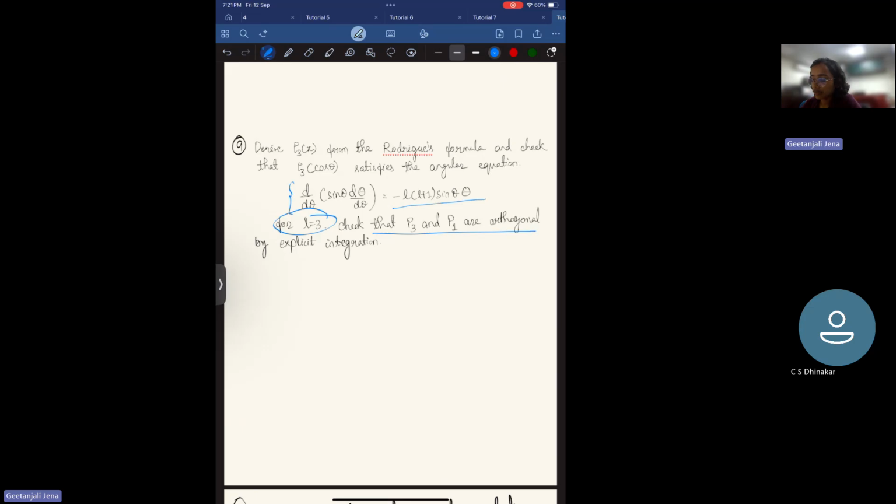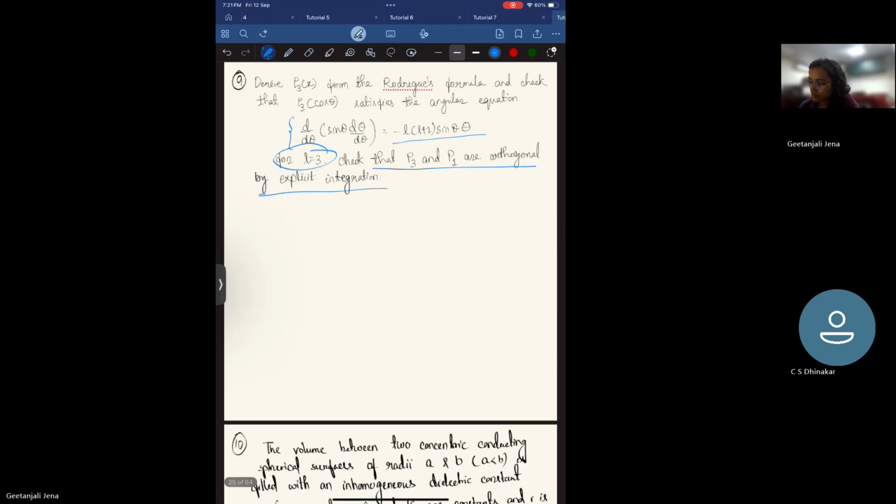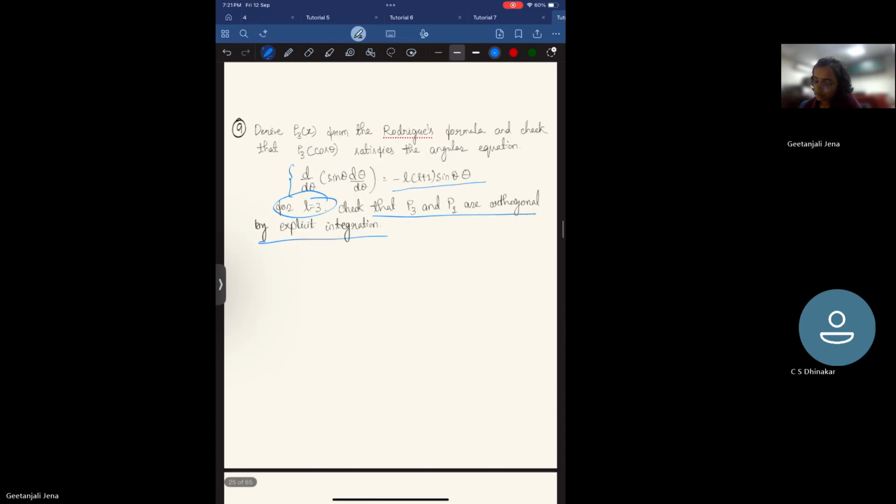Check that P3 and P1 are orthogonal by explicit integration. Let us solve it.